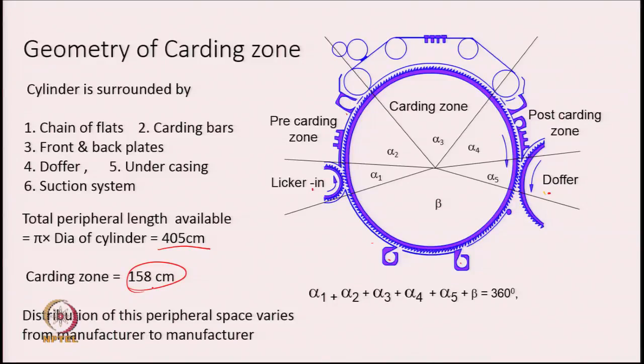The angle corresponding to the Licker-in zone is alpha 1, then the pre-carding zone is alpha 2, then the carding zone is alpha 3, then the front or post carding zone is alpha 4, the doffer interactive zone is alpha 5, and the undercasing is around beta. If I add all these, alpha 1, alpha 2, alpha 3, alpha 4, alpha 5 and beta, this is going to be 360 degrees.